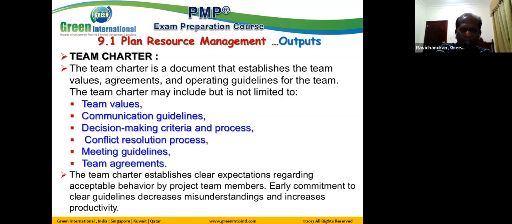All can be part of the team charter. Basically, the team charter establishes clear expectations regarding the acceptable behavior by the team members. If the team members have early commitment to the clear guidelines, it decreases misunderstanding and increases productivity. So whatever the position, they need to follow the team guidelines.